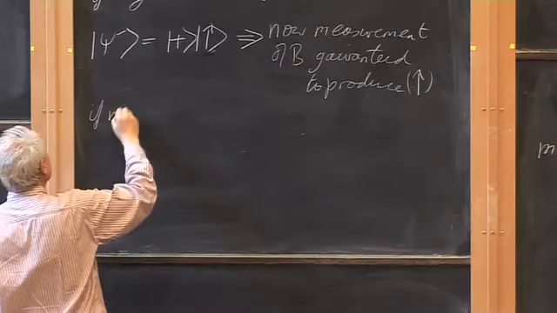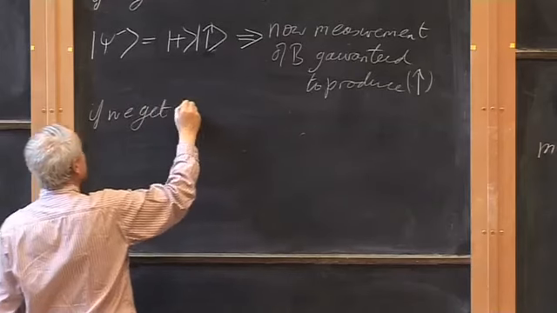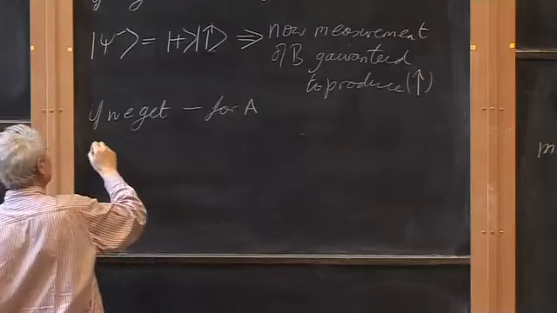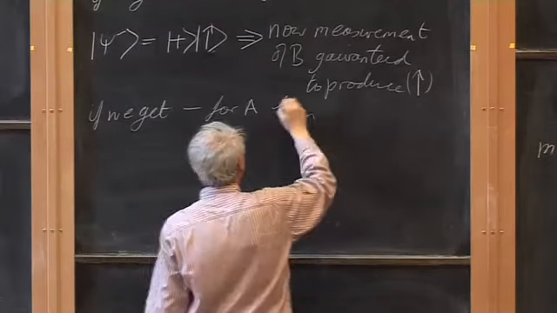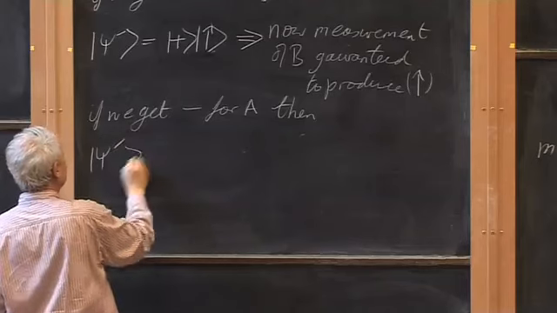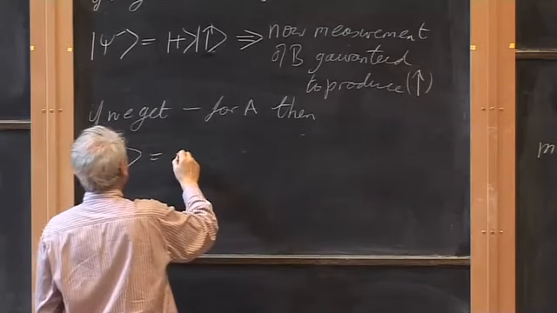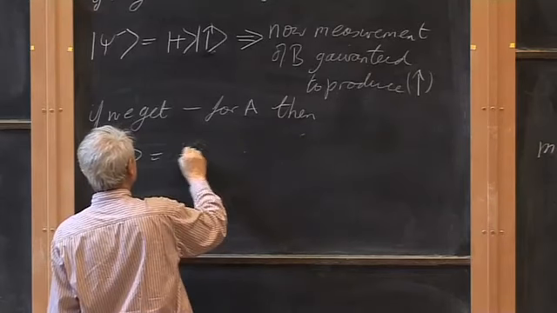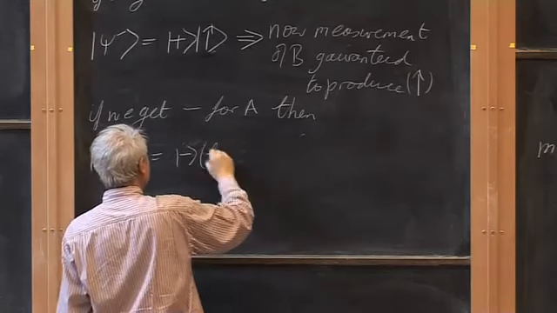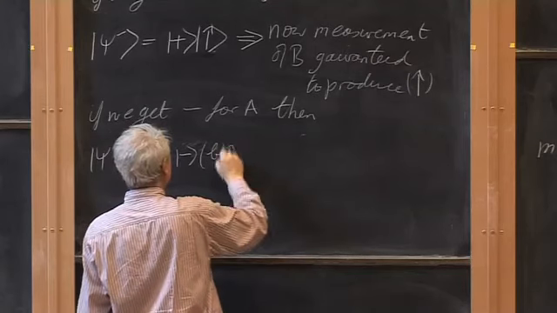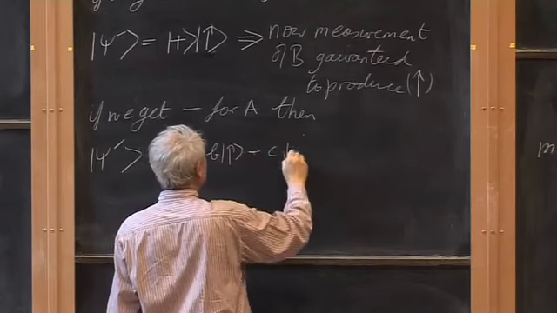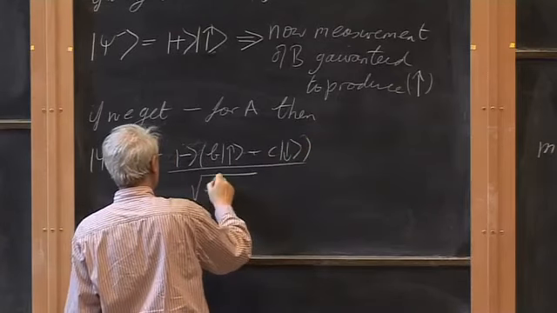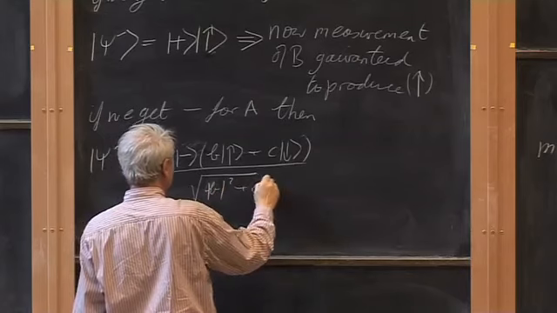If, on the other hand, we get minus for A, then the new state is equal to minus brackets B up plus C down, properly normalized, so over the square root of B squared plus C squared.